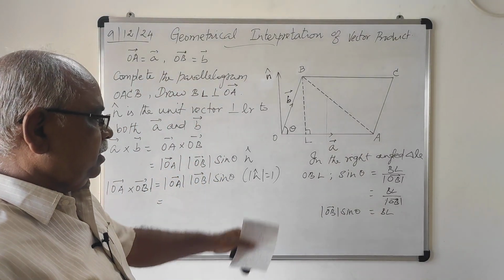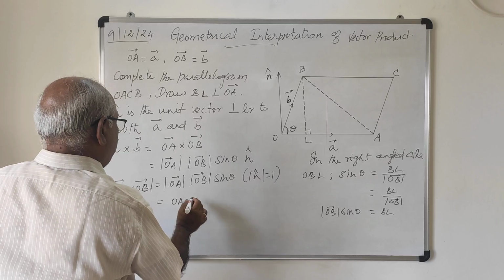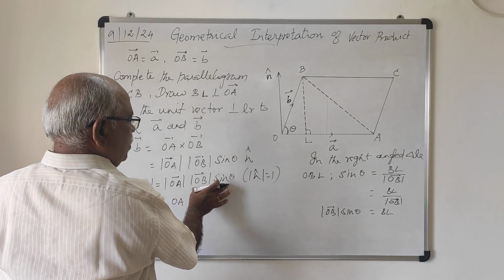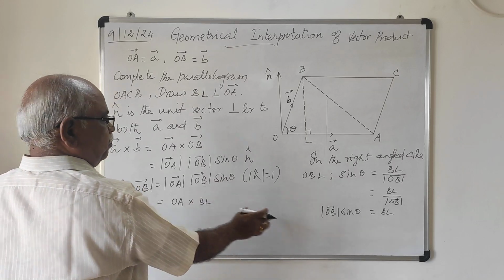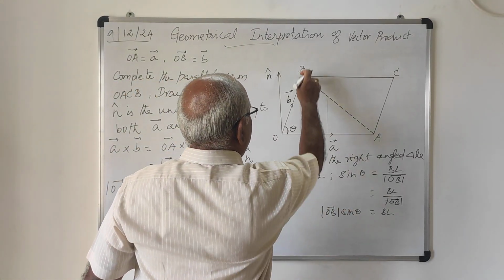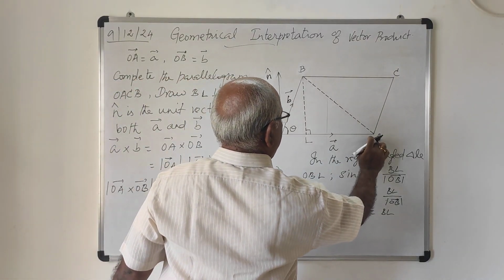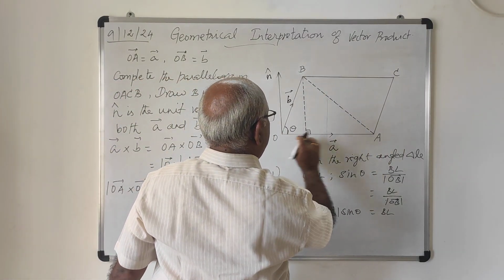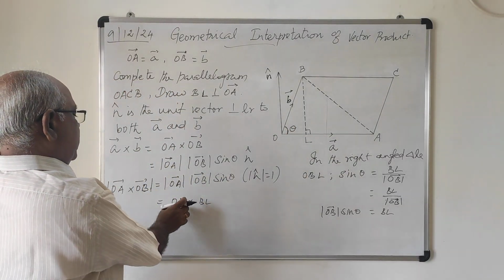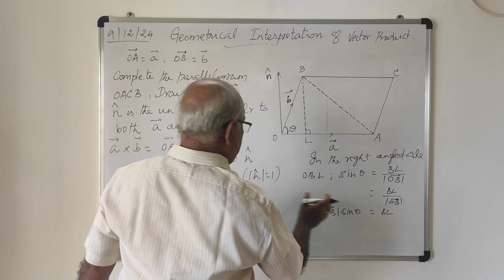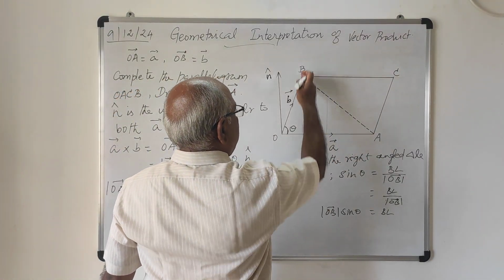You can treat it as it is. OB sin theta is BL, and mod of OA is OA. So OA into BL is base into height of the parallelogram OACB. OA is the base and BL is the height.